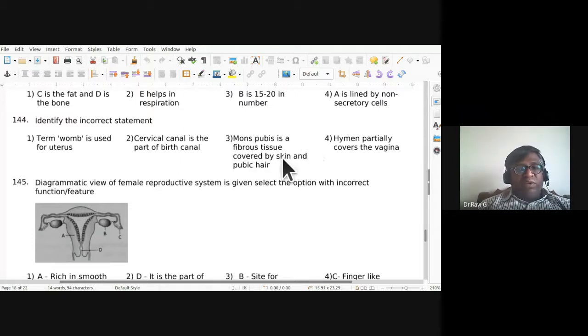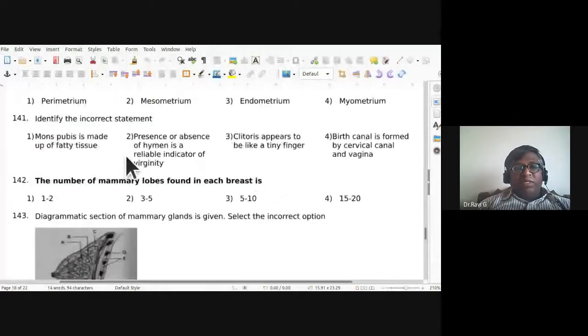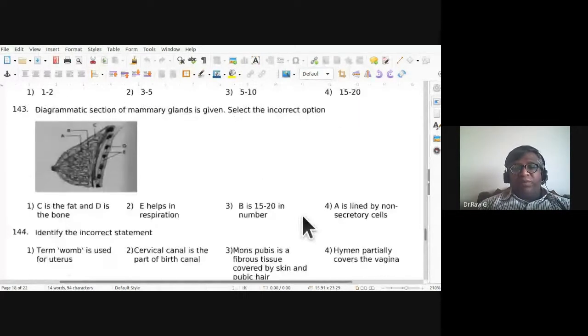Hymen partially covers the vagina. So this is the correct statement. The incorrect statement is that mons pubis is a fibrous tissue covered by skin and pubic hair. You already know that the mons pubis is made up of fatty tissue. Okay.